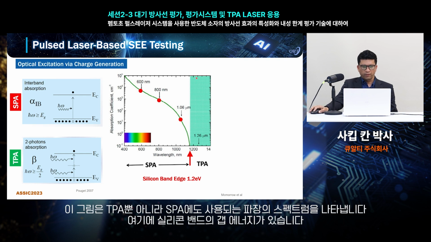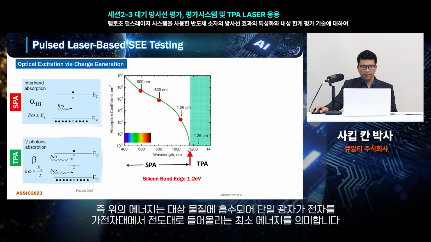This figure shows the spectrum of wavelengths that can be used for SPA as well as TPA. Here is the silicon band gap energy edge, which is the minimum energy required to be absorbed by the target in order to lift the electron from the valence into the conduction band by a single photon.